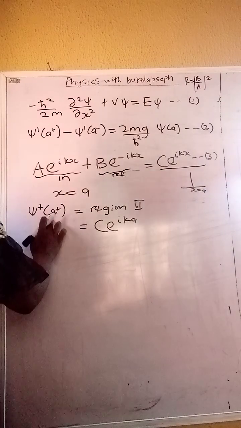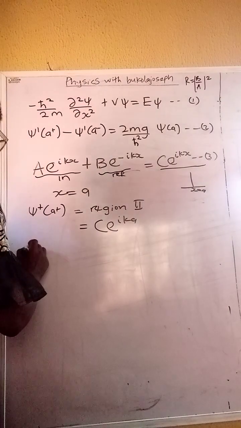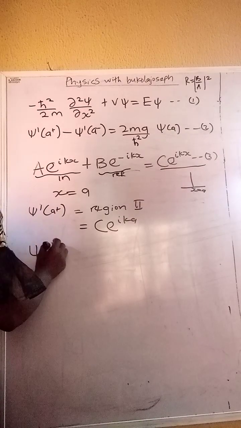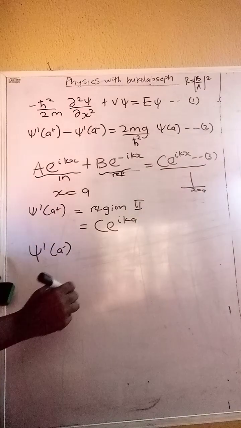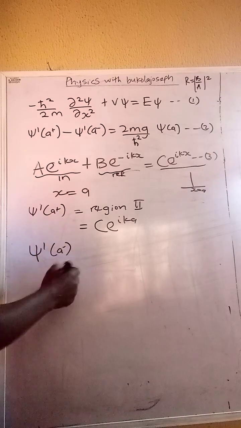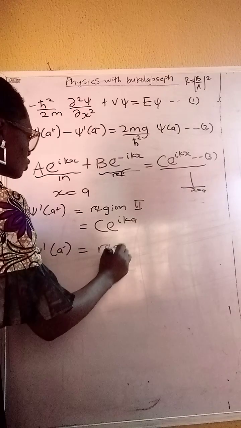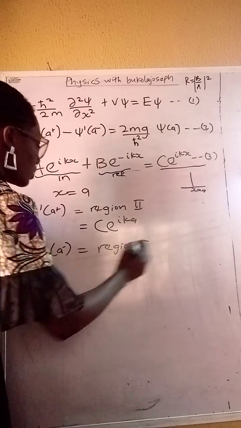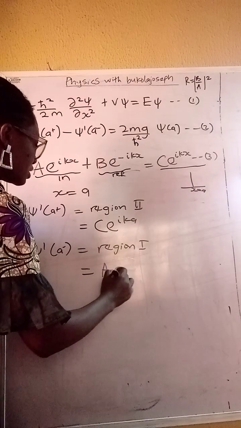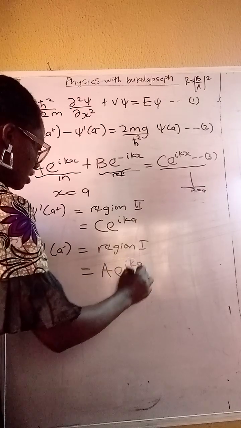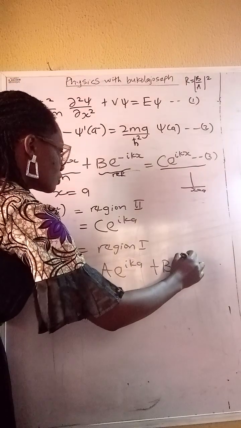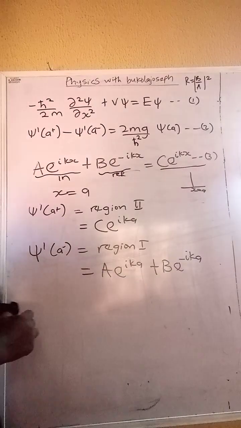So A plus is region 2, and A prime, A minus is region 1. It is a wave function in region 1. So it means this is equal to the wave function in region 1, and this has a solution A exponential iKa plus B exponential minus iKa.